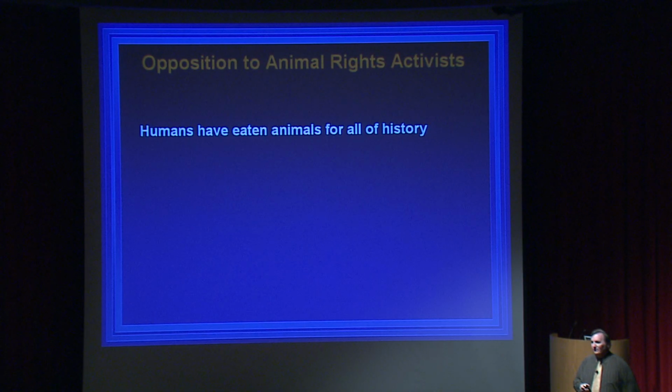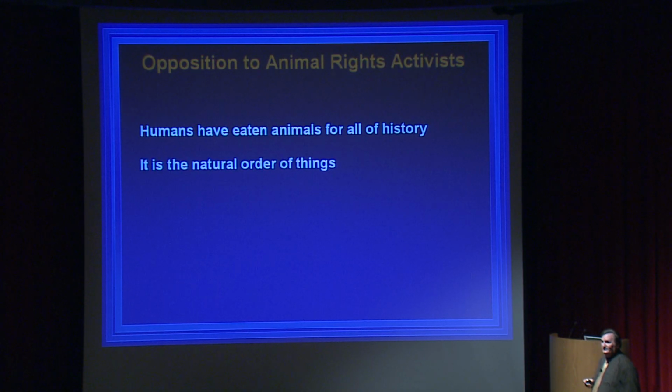And it's been true all throughout human history, and so why would it be bad now? They say that it's the natural order of things, that big fish eat small fish. Tigers eat other animals in their conditions, and the fact that humans eat meat is part of this natural food chain that occurs, and there's nothing wrong with it. It's all natural.